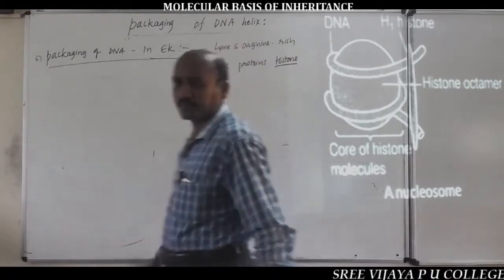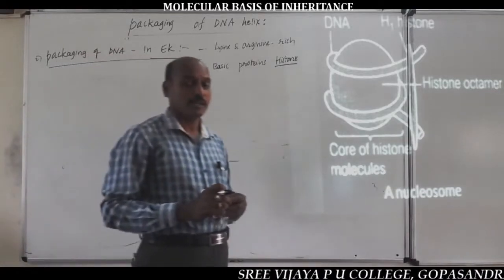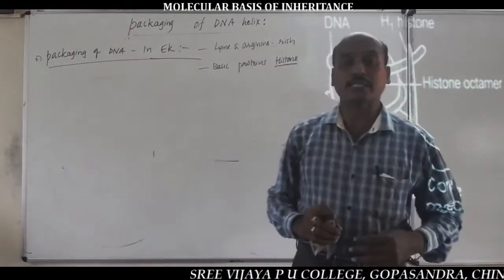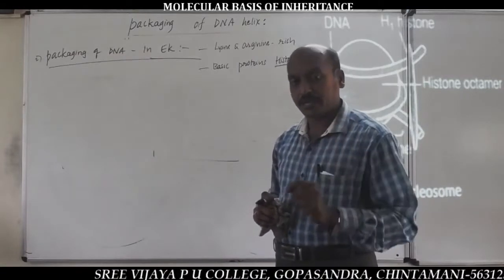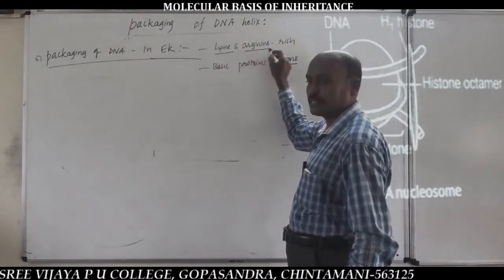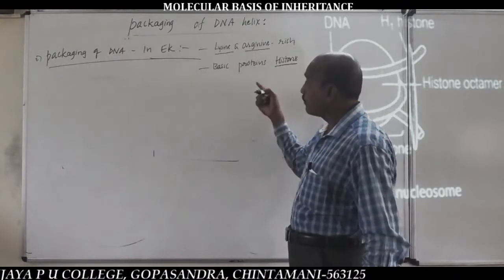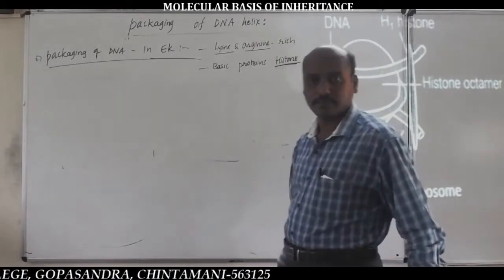Listen here. In eukaryotes, the packaging of the DNA helix is more complex. It takes place with the help of lysine and arginine rich basic proteins called histone proteins.